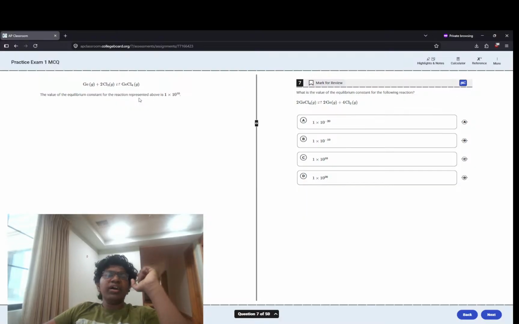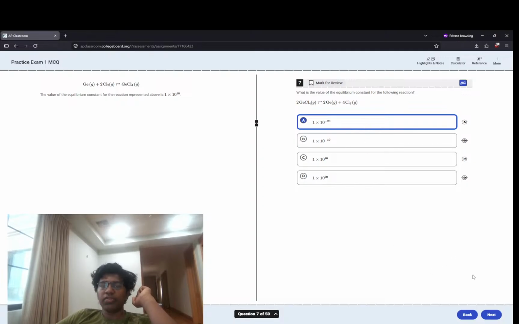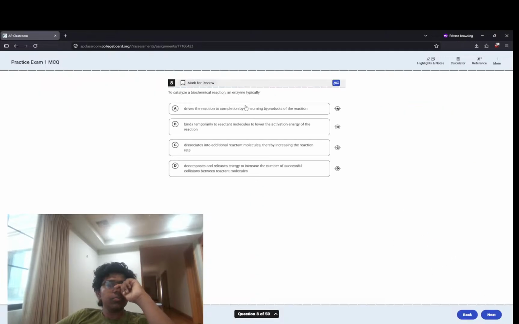Okay, so if you multiply everything by two, that's equivalent to squaring everything. So you have to square it after you do some operations to it. So it's probably this one, and I'm not going to elaborate on why. I think that's just self-explanatory.